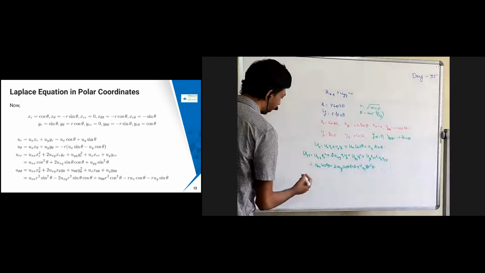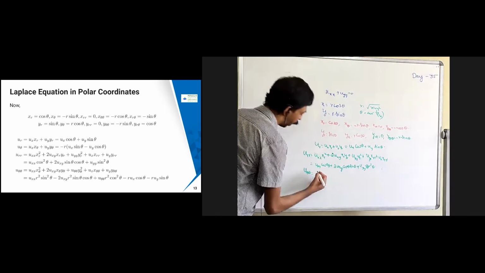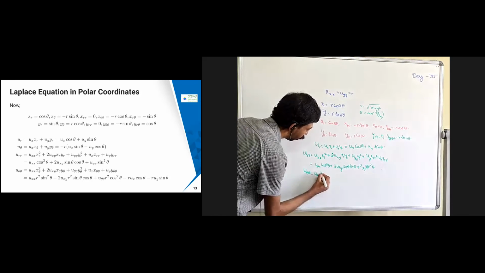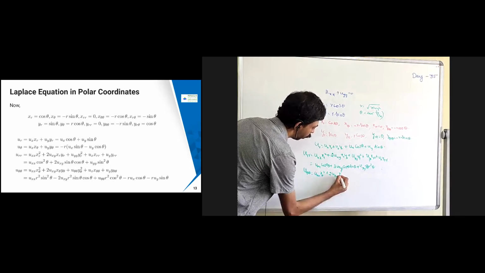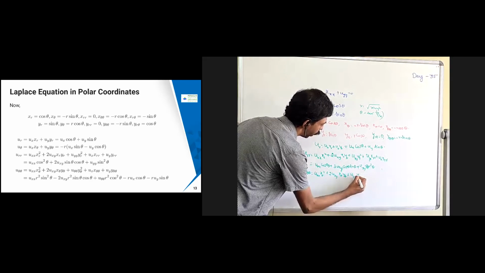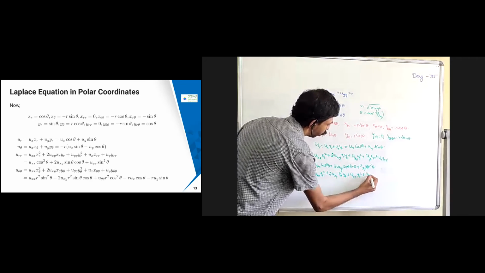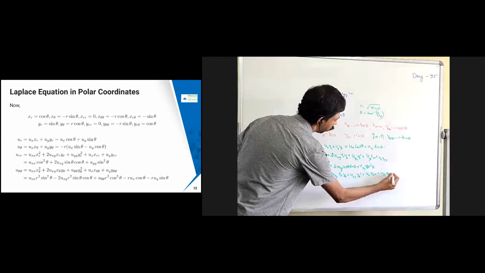Now similarly you can find u_theta theta, the same kind of thing. u_xx into x_theta square plus 2 u_xy x_theta y_theta plus u_yy y_theta square plus u_x x_theta theta plus u_y y_theta theta.